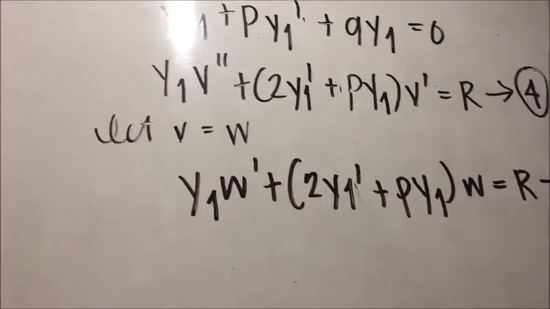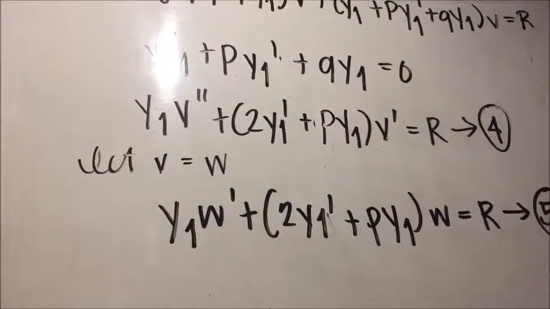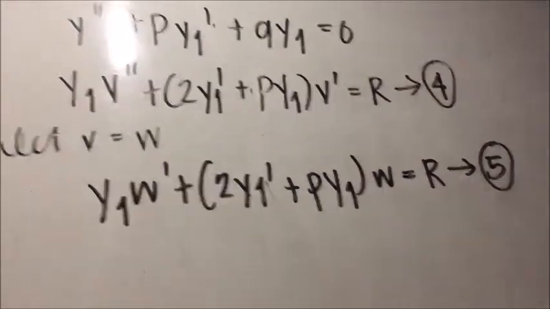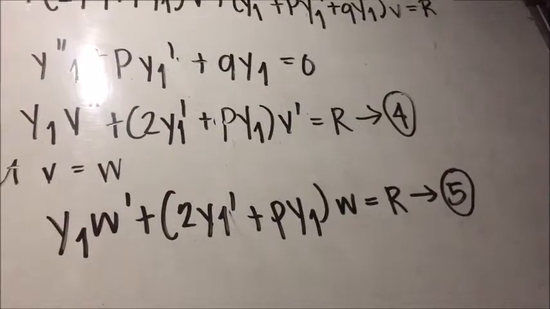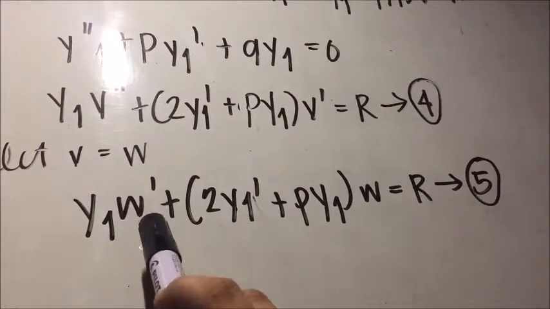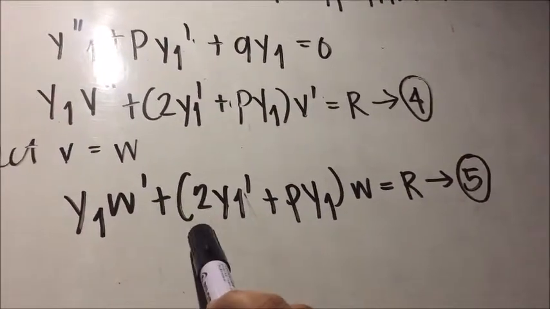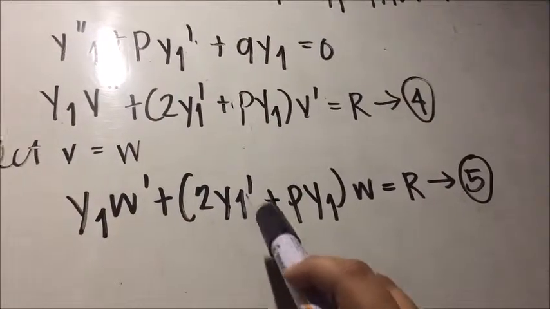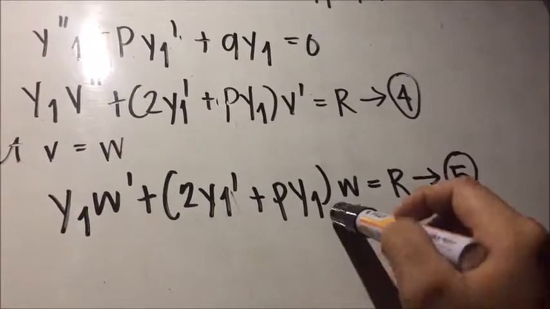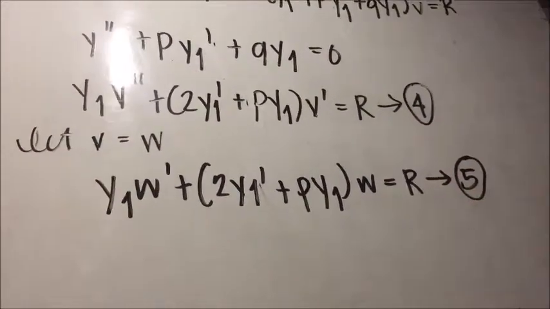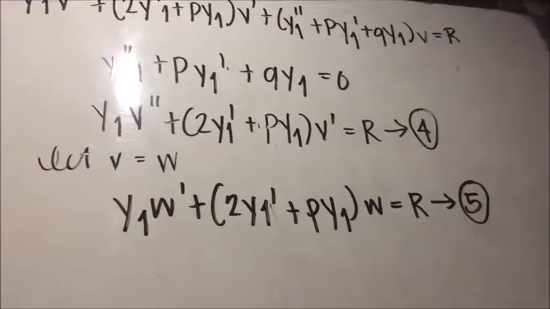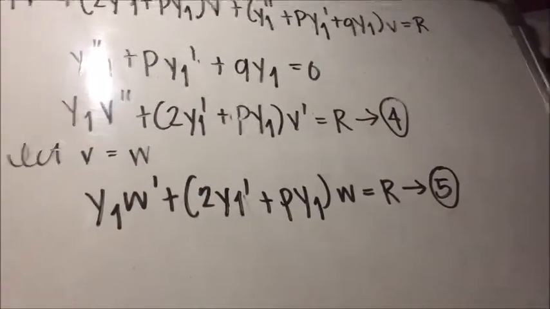Now let v prime be equal to w. So equation 5 becomes y1 w prime plus (2 y1 prime plus p y1) w is equal to r, a linear equation of first order in w.